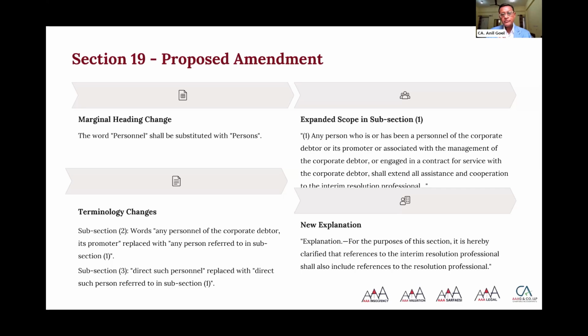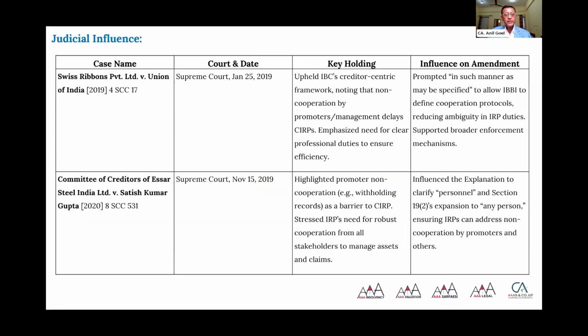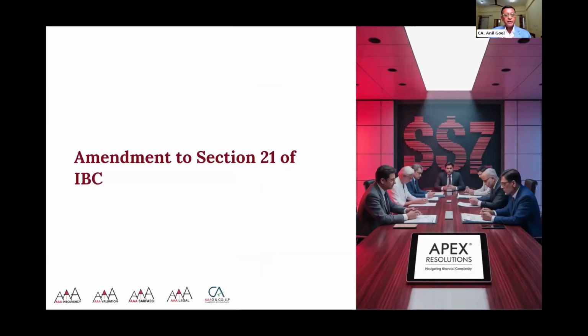Again, this is to nullify some of the judgments, because in this particular Section 19 subsection 2 only the word IRP was mentioned, so it was questioned whether the RP can file an application under Section 19 subsection 2 or not. This is a good change so that Section 19 subsection 2 can be used. All these amendments are based on various disputes: broadening the scope, terminology alignment, clarity on the RP inclusion, and enhancement.